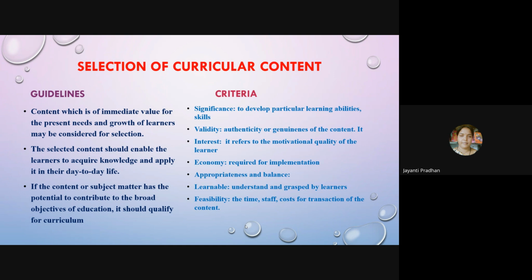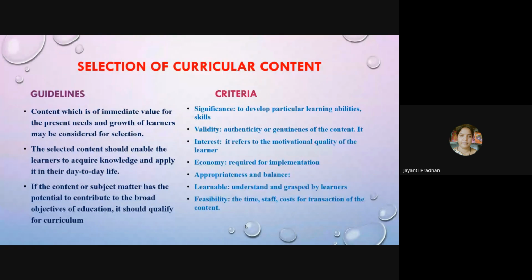So whatever content we are selecting must have its application in day-to-day life, so that the content will help the learner to solve the problems that occur in daily life situations. And the content or subject matter that has the potential to contribute to the broad objectives of education should qualify for the curriculum.